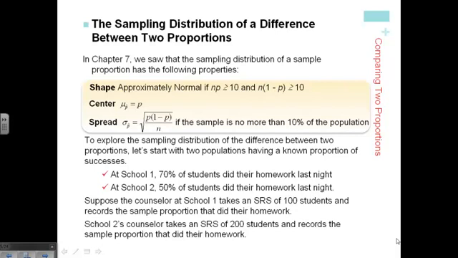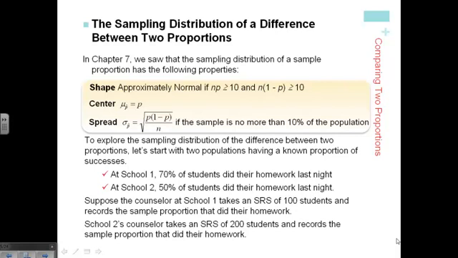I would get p hat after p hat after p hat. Would they all be the same? No. But what do we think is going to be the center of that distribution? About 70%. Imagine if I did draws of 200 students at a time from school number 2. Draw after draw after draw. I expect that all those p hats would also be normally distributed and also have its center not at 70% but 50%.